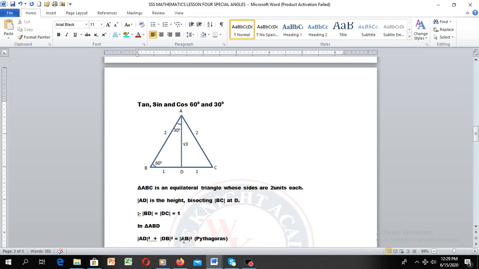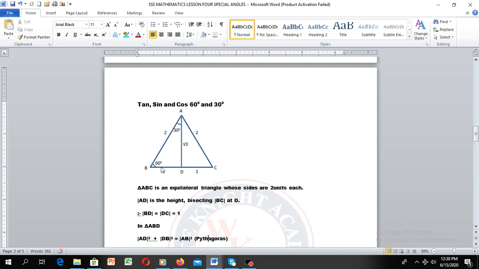Now in triangle ABD, triangle ABD is a right angle triangle. In triangle ABD, we are using Pythagoras theorem. Pythagoras theorem works actually for right angle triangles. So right angle triangle ABD, using Pythagoras theorem, that means the addition of the squares of the adjacent sides of this right angle triangle ABD will be equal in value to the square of the hypotenuse.